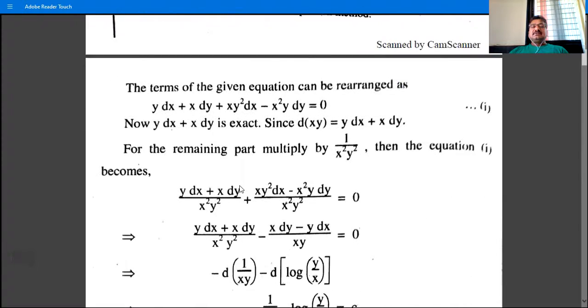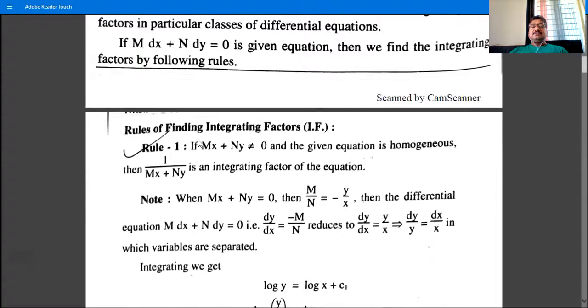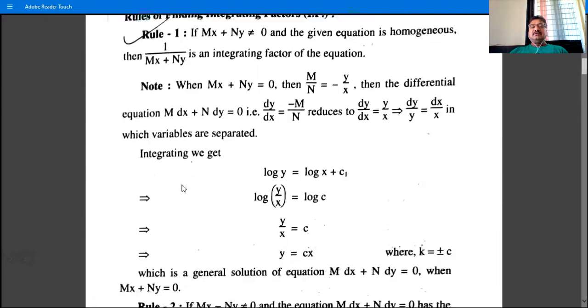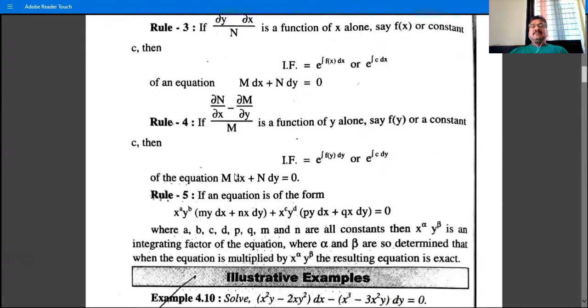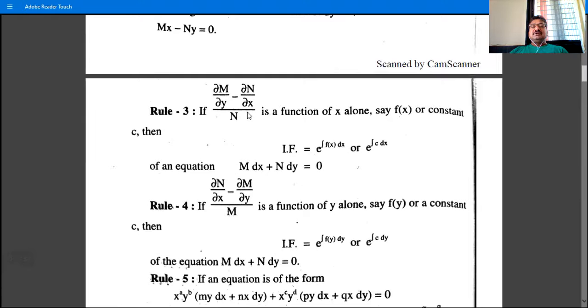In the second method, the rules number 1, 2, 3, 4, 5, these are the 5 rules. In these rules, if (∂M/∂y, or M_y, minus ∂N/∂x) divided by N is a function of x alone, then e raised to the integral of f(x) dx, or if it is a constant.